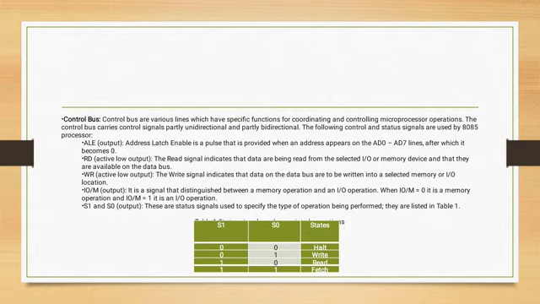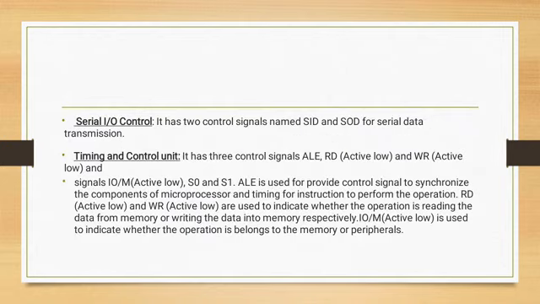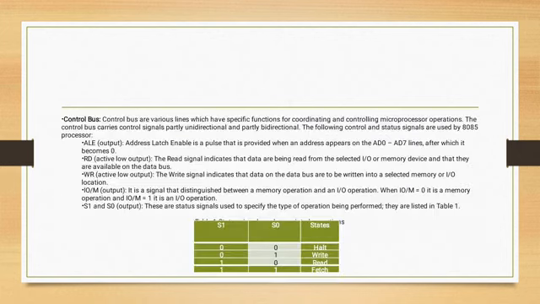So now, what is serial IO control? It has two control signals. One is called SID, another one is called SOD: serial input data and serial output data. And another very vital unit, the important unit which is available in 8085, is called the timing and control unit.